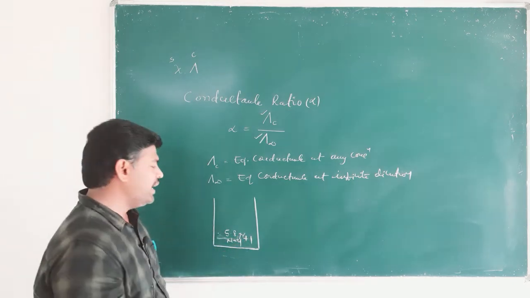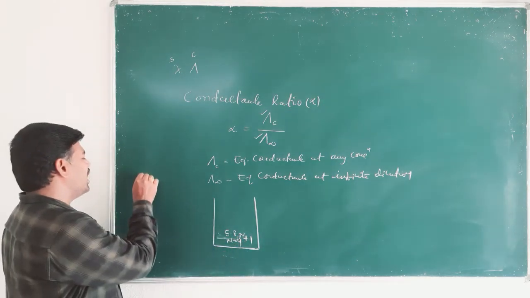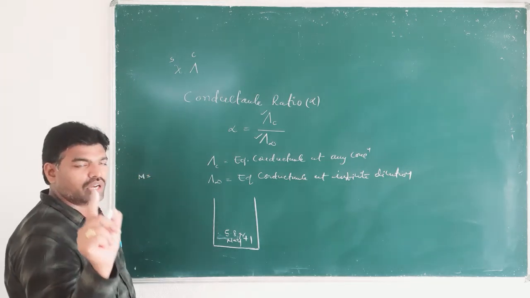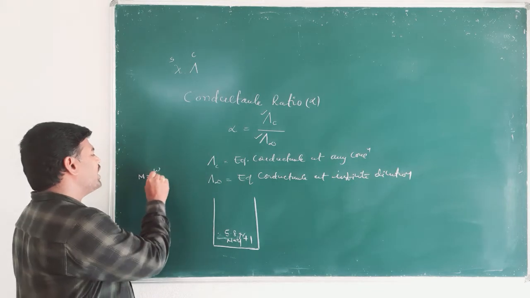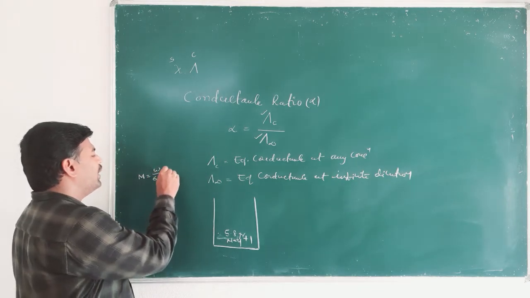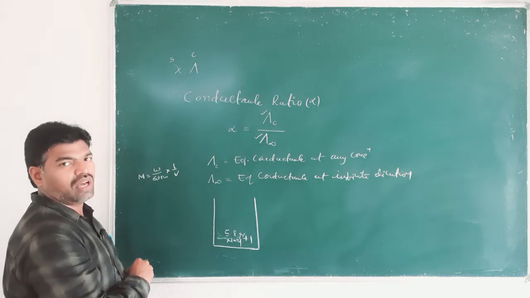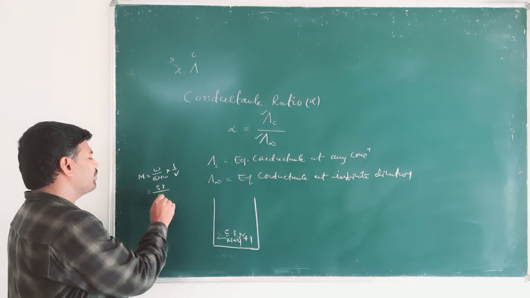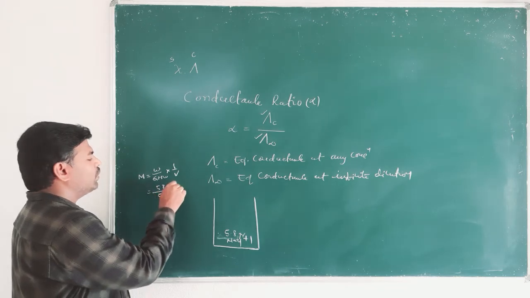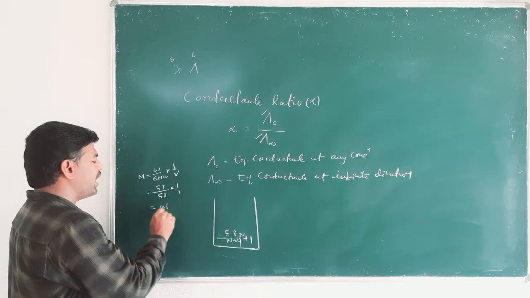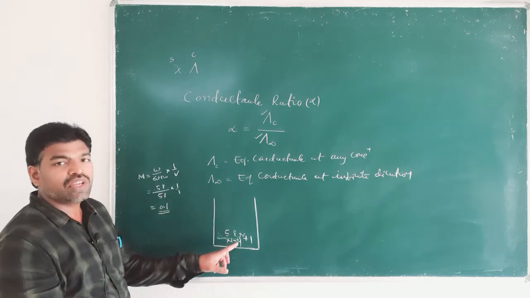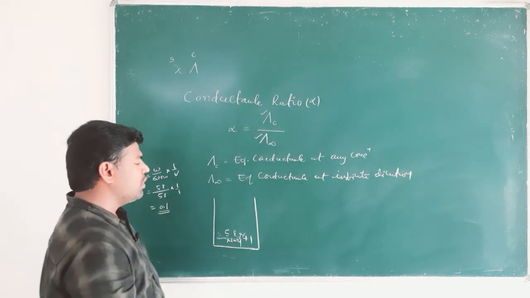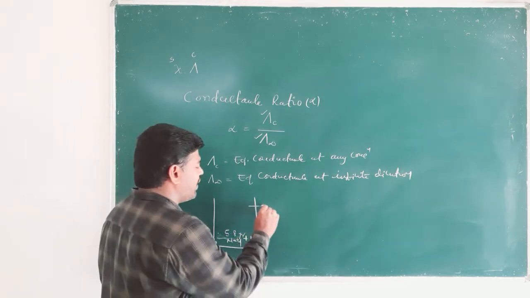Its concentration: molarity and normality are both the same for sodium chloride. Molarity equals weight by gram molecular weight into 1 by V in liters, or 1000 by V in ml. So weight is 5.8 by 58 into 1 by 1, that is 0.1. So its concentration is 0.1 molar or 0.1 normal. Let us measure the equivalent conductance.